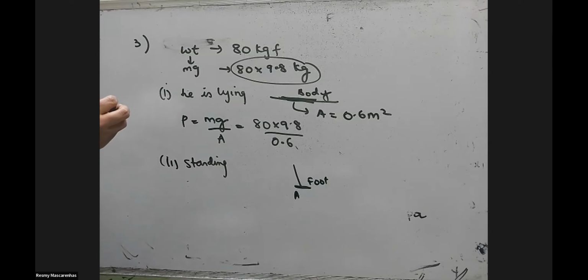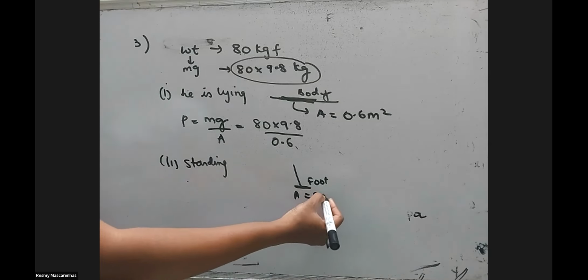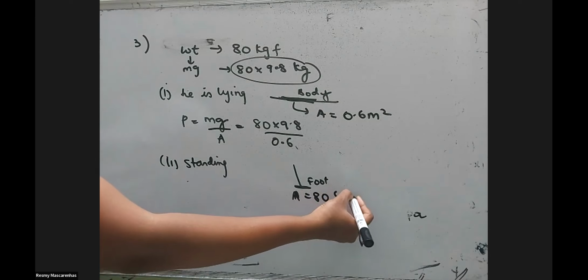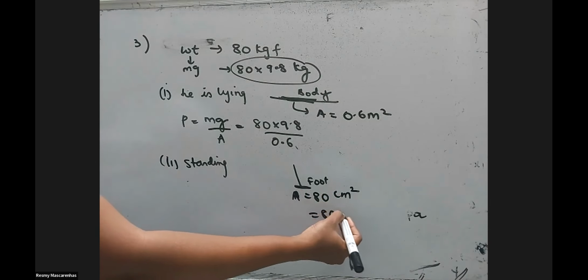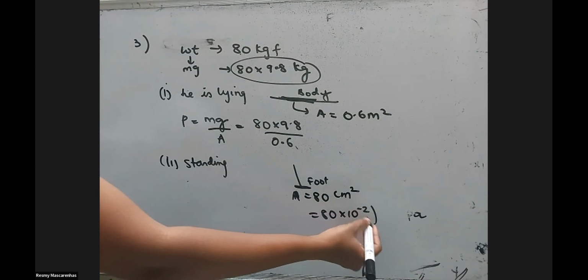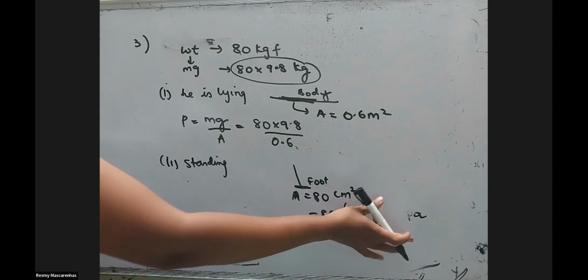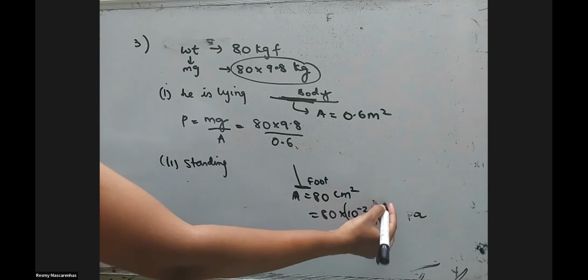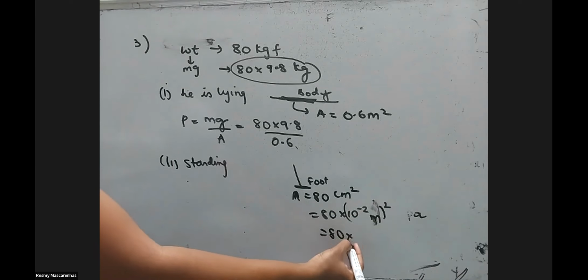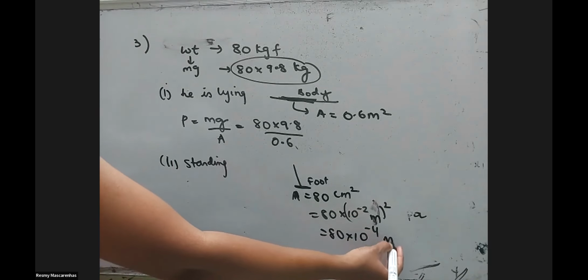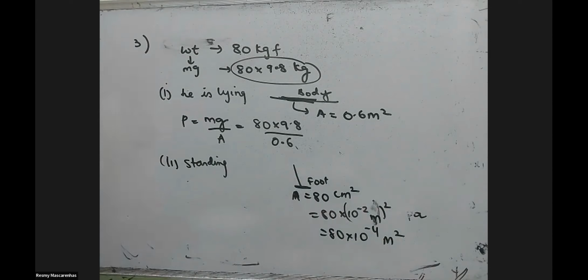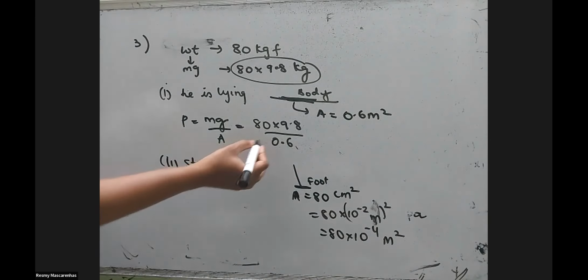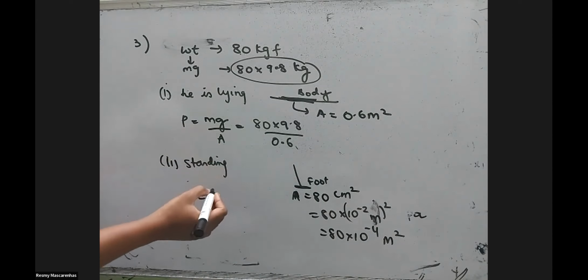Foot area is given as 80 centimeter square, so we'll have to convert it. 80 into 10 raised to minus 4 meter square, because 1 centimeter is 10 raised to minus 2 meters, and then there's a square. Only area will change now. This will remain the same.